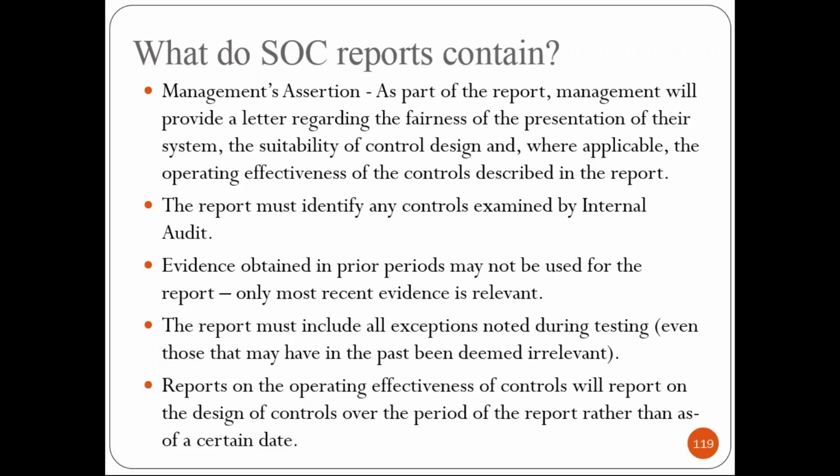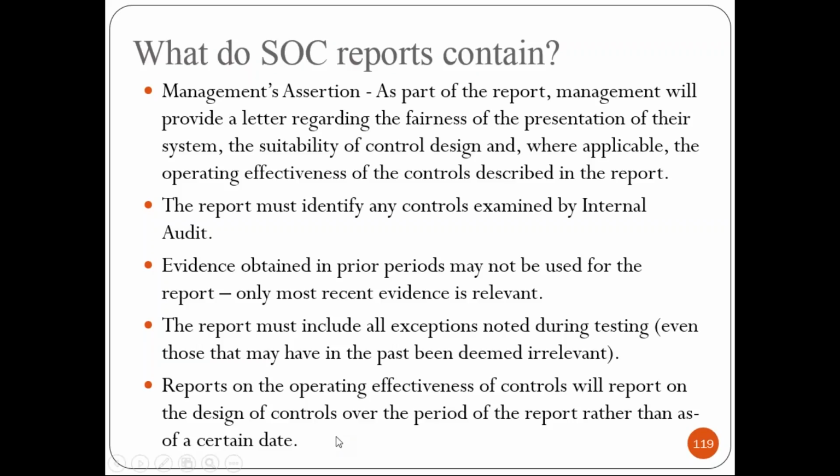On the 3rd bullet here, any evidence that's obtained in periods prior to the current period is not part of the report, nor do you want it to. In other words, 2 years ago everything was fine is irrelevant. 3 years ago everything was fine is irrelevant. They are a snapshot of what's happened in the most recent audit cycle. It has to have all the exceptions, and it has to have a report on the operating effectiveness of the controls over the period, rather than as of a certain date.